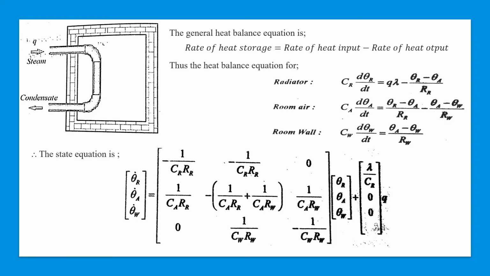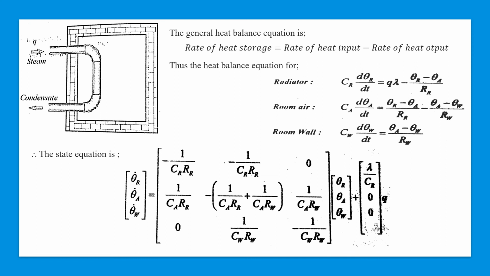So here in this figure we are considering a basic fundamental heat transfer system where from the input channel the steam is coming into the system and there will be an output channel. For this system the heat balance equation is: rate of heat storage is equal to rate of input heat minus rate of output heat.